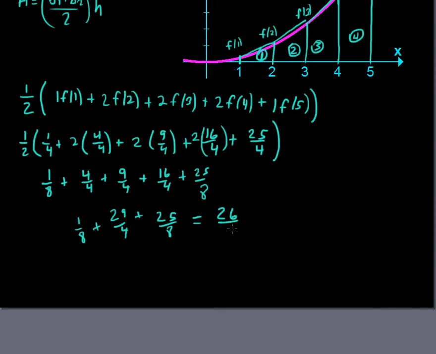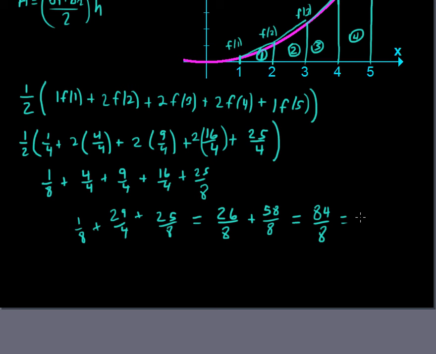Boy, I keep misspeaking. So 26/8 plus 58/8, and add those together, that is 84 over 8, which ends up going in 10 times with 1/2 left over.